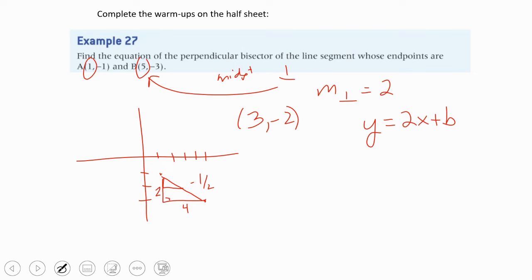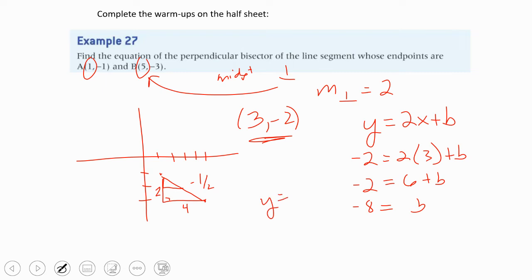So it's no different than finding the equation of a regular line, but your slope and your point come from different places. So I'm just going to plug that in for x and y, and then solve. So my final answer is y equals 2x minus 8.